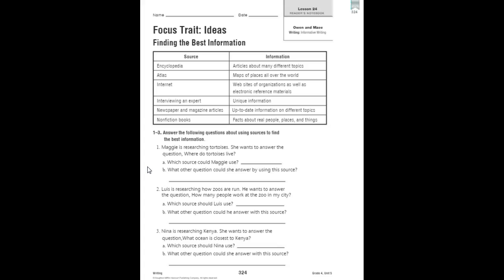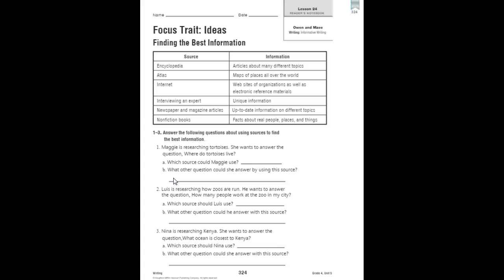One of the sources that Maggie could use would be a nonfiction book. This gives facts about places. She could also use an atlas. But she would need the information from the nonfiction book to be able to find where the tortoise lives in the atlas. So what other question could she answer by using a nonfiction book?